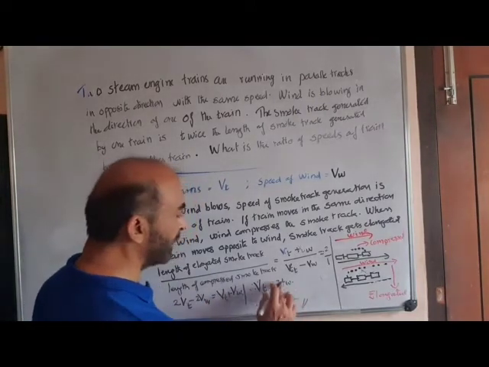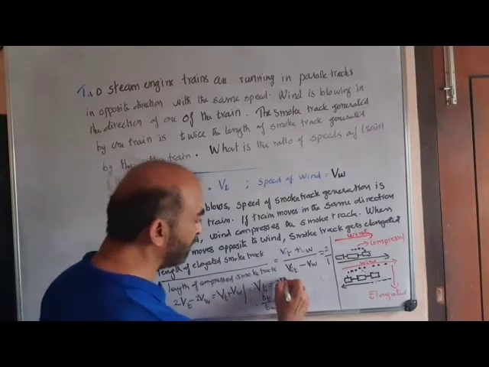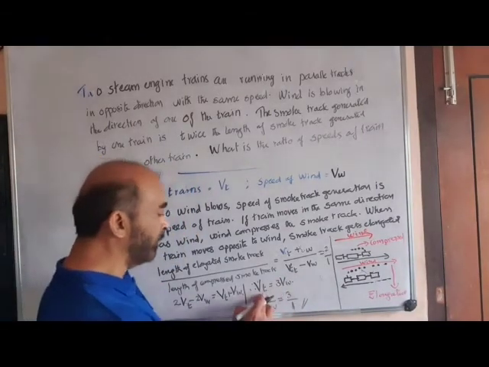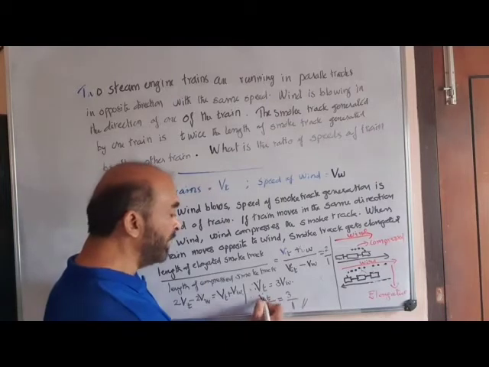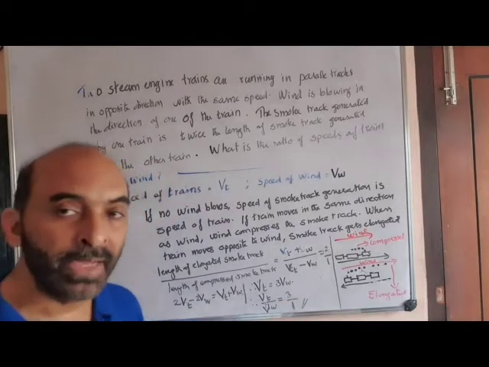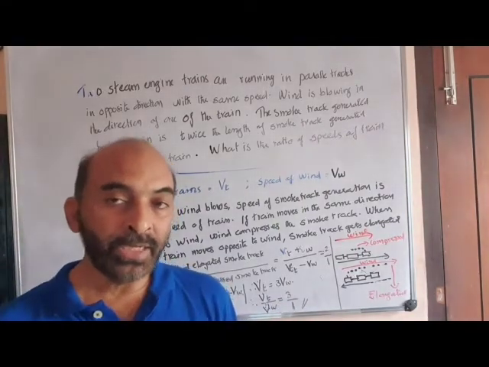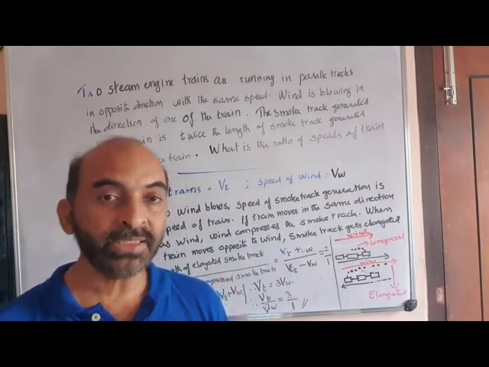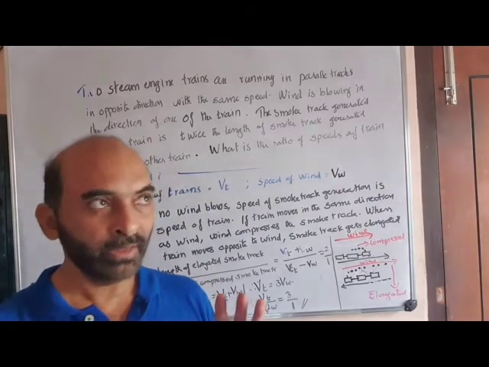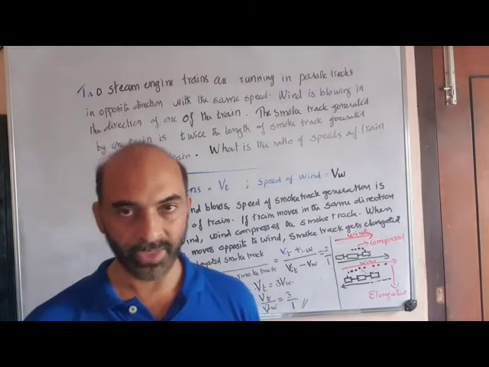Vt is equal to 3 Vw, or Vt by Vw is equal to 3 by 1. That is, the speed of the train is thrice the speed of the wind. Slowly think, the picture will come to your mind. Okay.